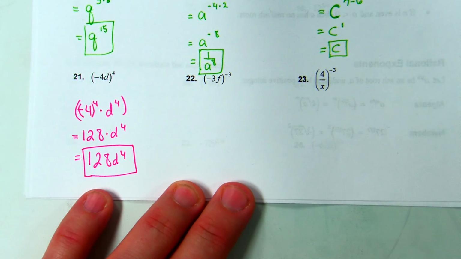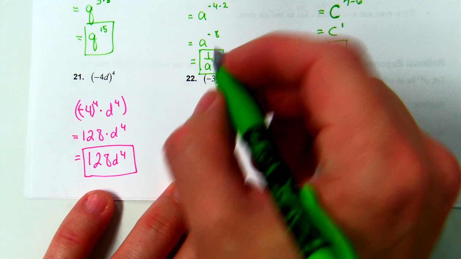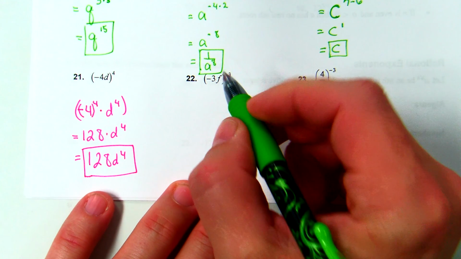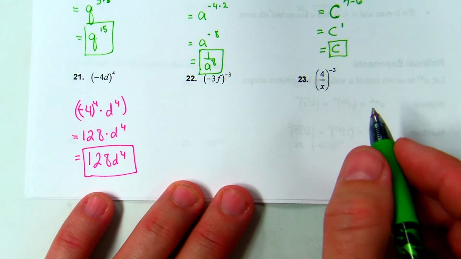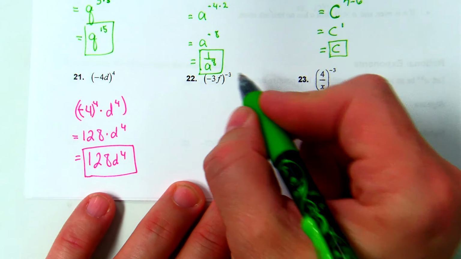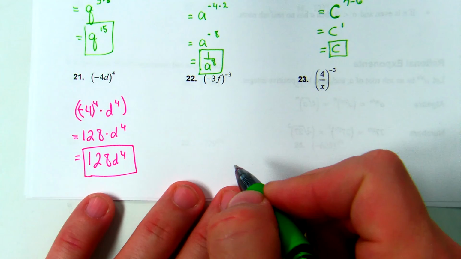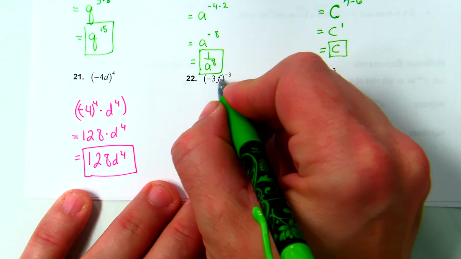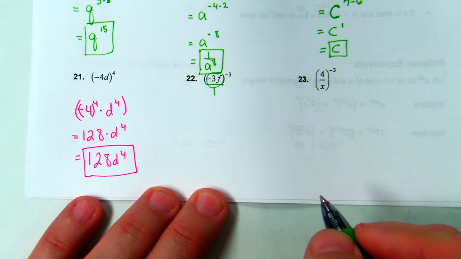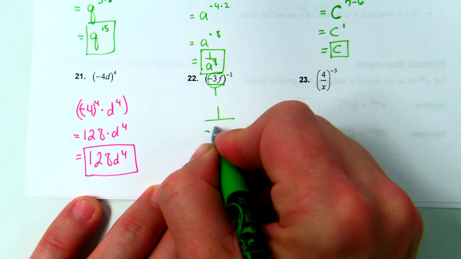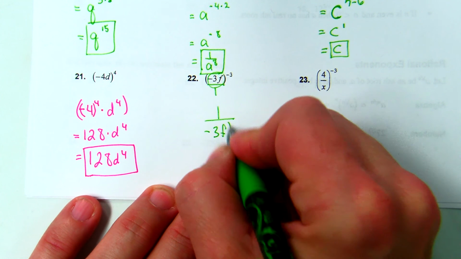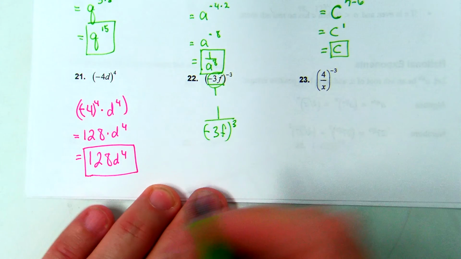Okay, on number 22, there's a couple of ways that you could actually work this problem. You could take the negative 3 and apply it to each term and separate it out and multiply it. But if you think about this, before we do that, this is to the negative 3 power. We could also take this base over 1, flip it, so it's 1 over negative 3f, and apply the power.